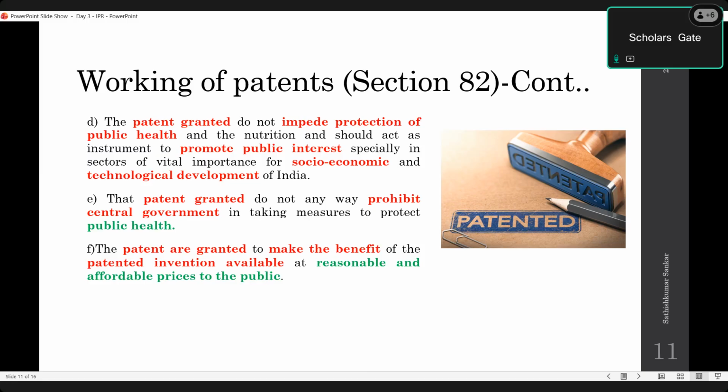Anyone can use it at a reasonable and affordable price. Before we use or consume that invention, we should investigate elaborately what data is available about it. Then we can go ahead, and it will reduce the complications we may face in the future.